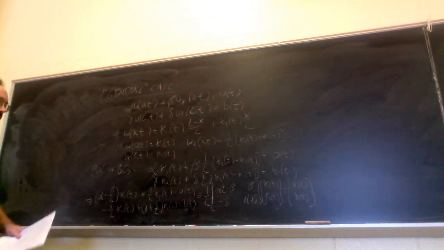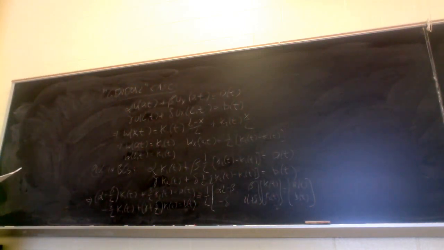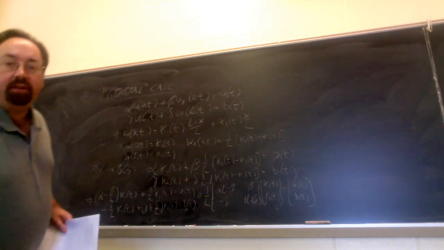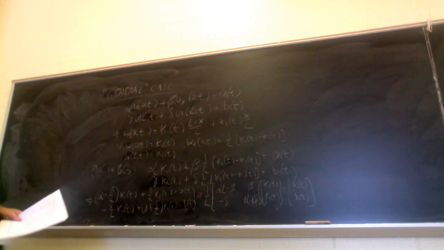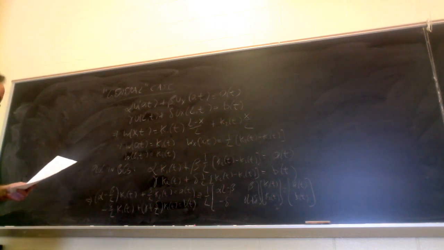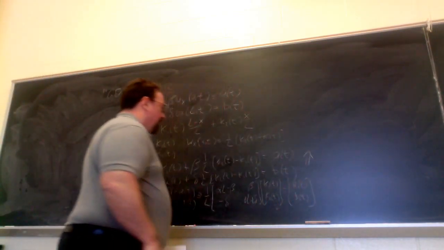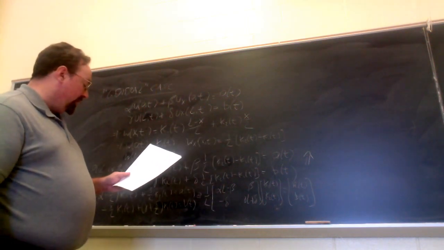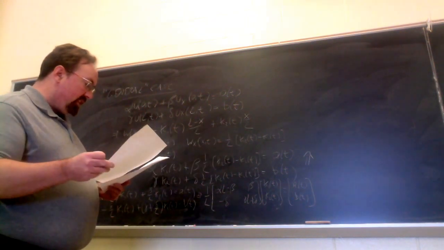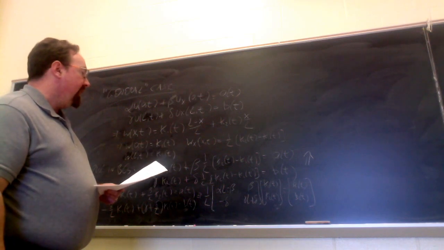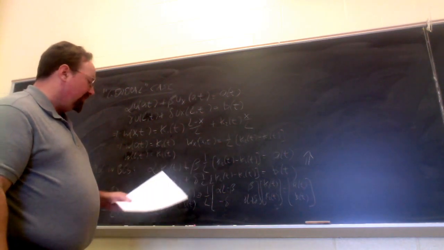Now in this matrix vector form, we can use the formula for a 2x2 inverse. I'm going to leave some of the details to the notes. What I can do is write down a formula for k1 and k2 in terms of a of t and b of t and also these constants.